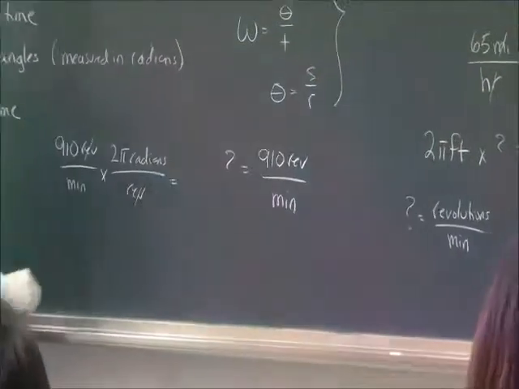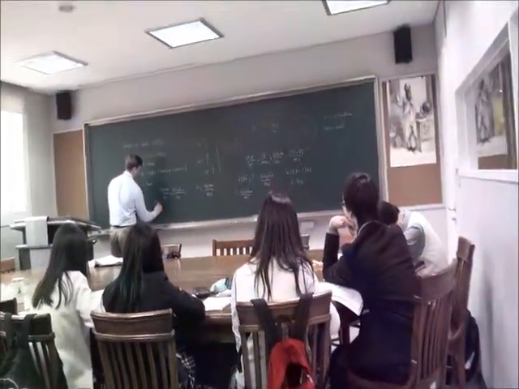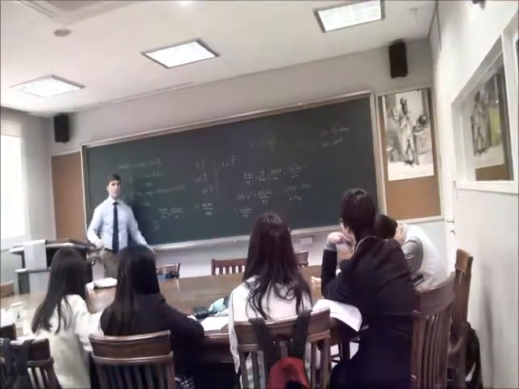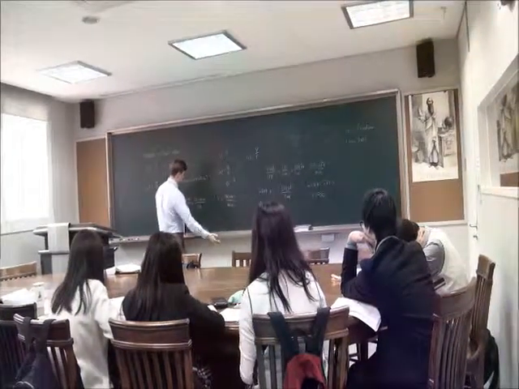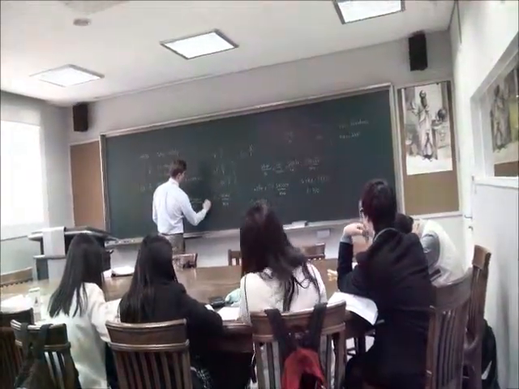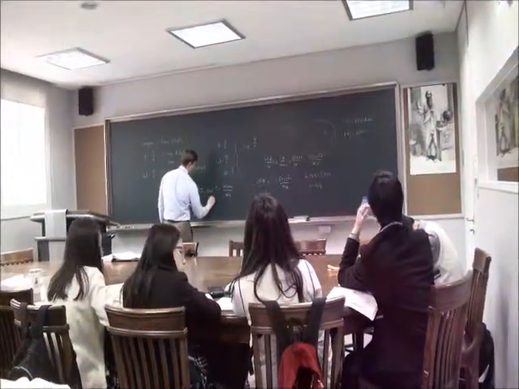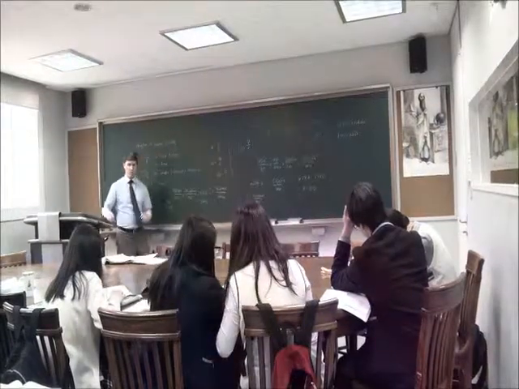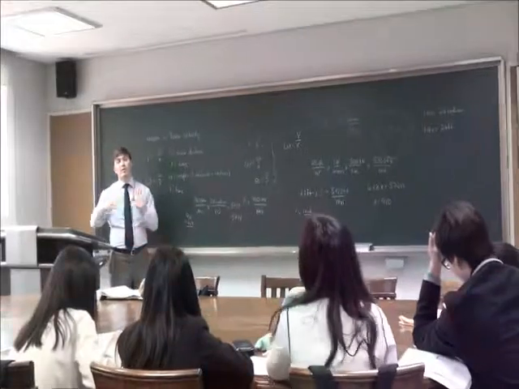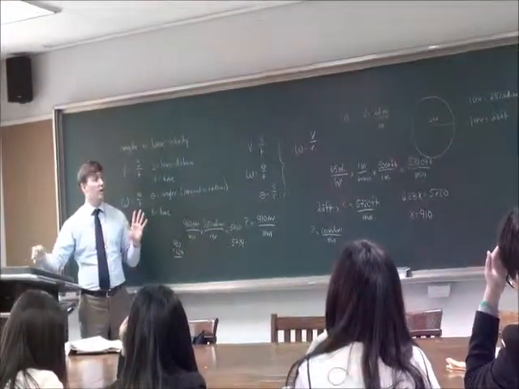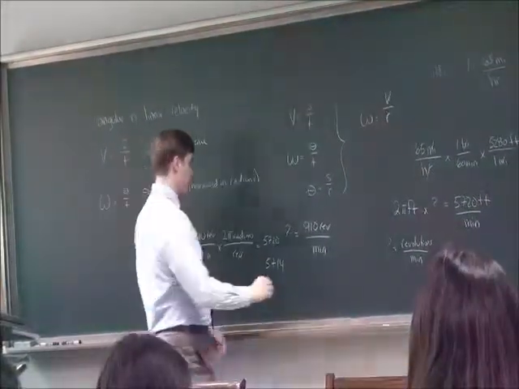Yeah, Ian, what's that? 5,714. Okay. Because of the rounding, there's a little difference. But if you use a more precise value of pi, you would get 5,720 radians per minute.